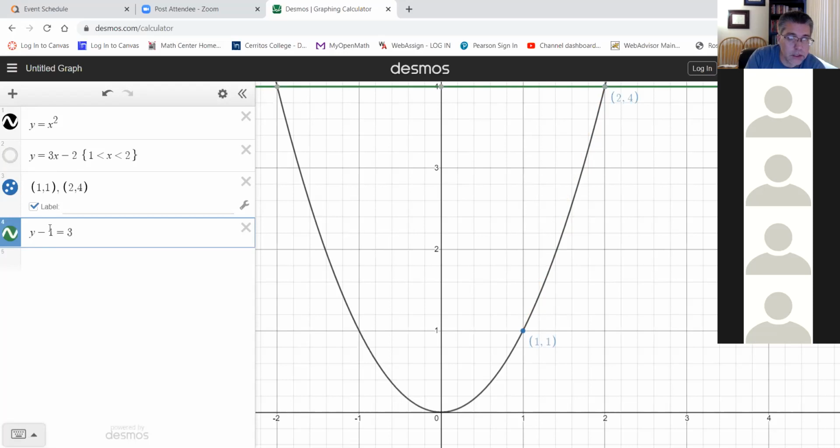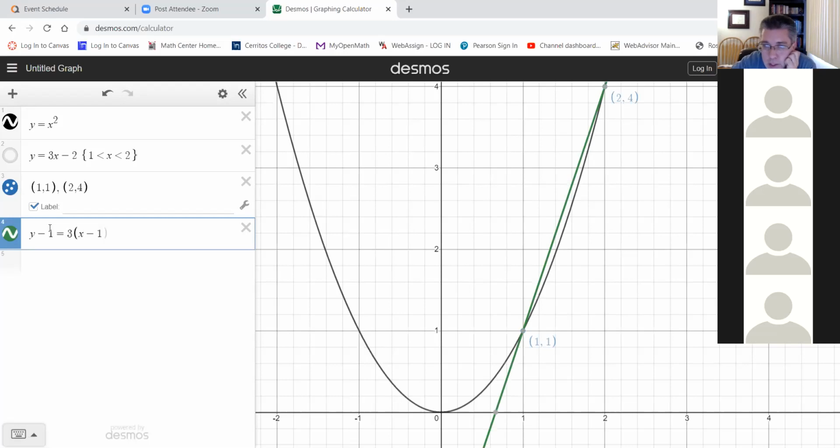M is 3 in this case. Actually, it's not. And we'll get to that in a minute. Well, let's just do m as 3 for right now. Okay, 3, and then this is going to be x minus 1. Boom, there we go. There's that line, right? Okay, cool.